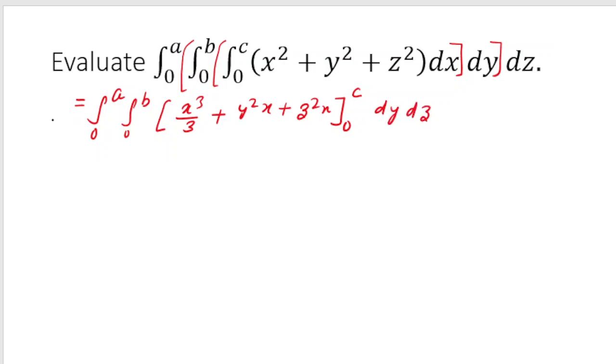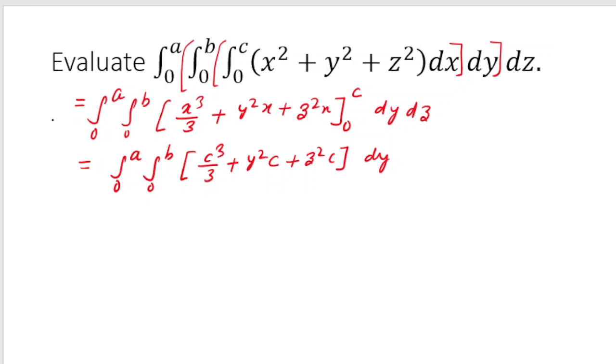If I put the limits, I will get c cube by 3 plus y squared into c plus z squared into c, and then dy and dz.